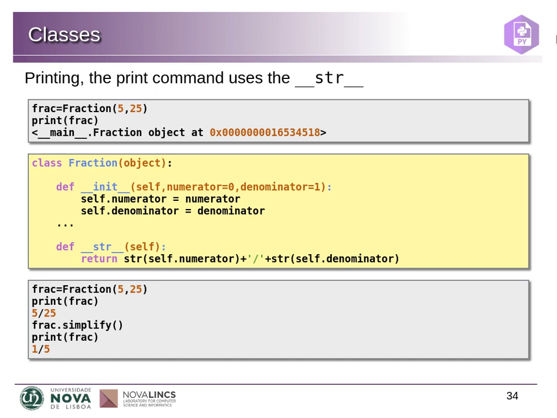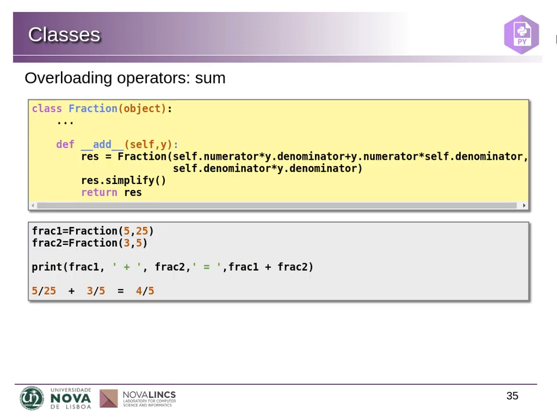So we can control how our object is printed by creating that special method that print uses for creating the representation. So we start with this fraction, 5 over 25, we simplify, and when we print, we have 1 over 5. Another thing that we can do is that we can specify the methods used for sum, multiplication, and so on.